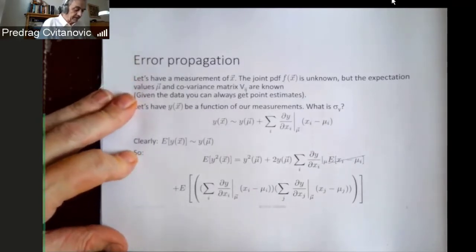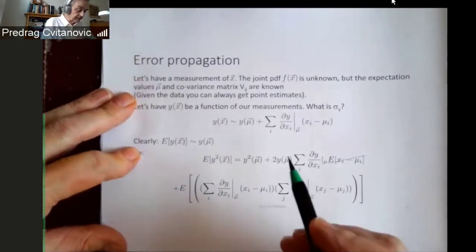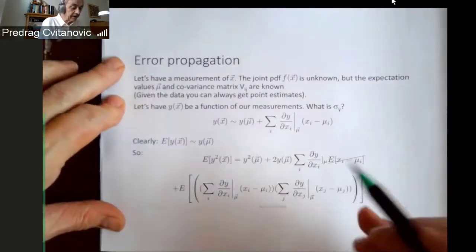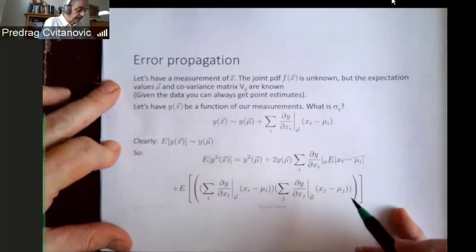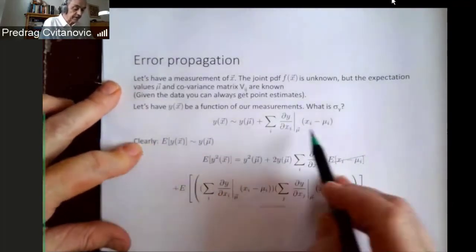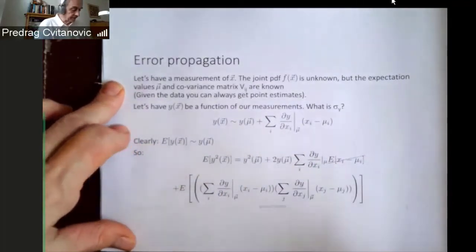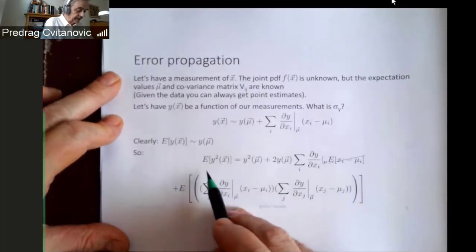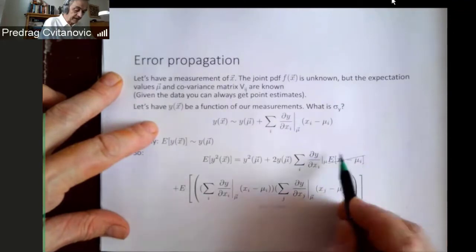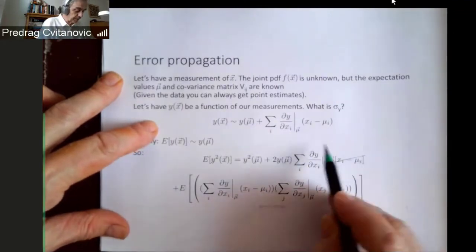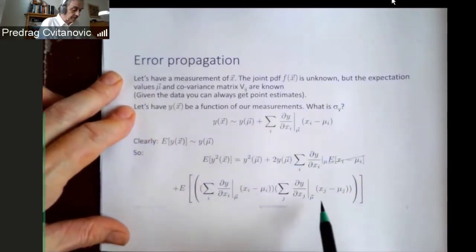And the main thing about error propagation is that if you're in higher dimensions and you don't have a joint probability distribution, you can still compute the standard deviation of the variance by looking at errors and observing that the thing that's important is the correlation.